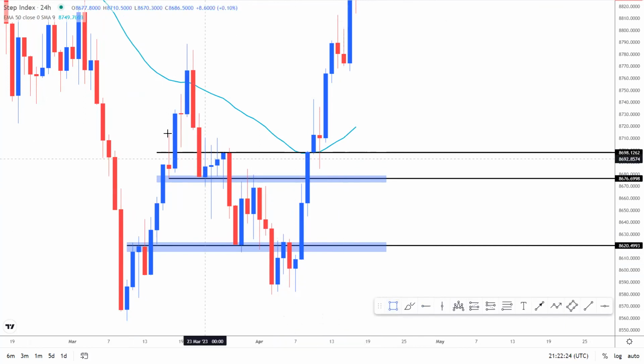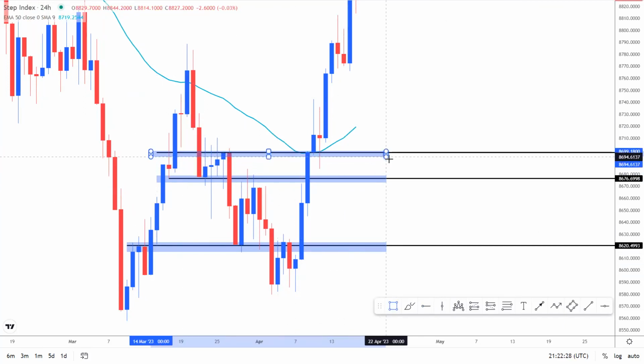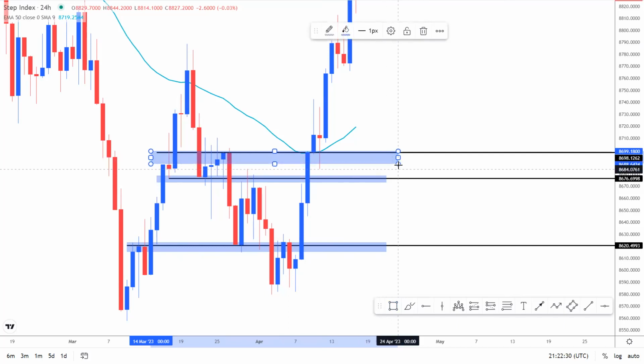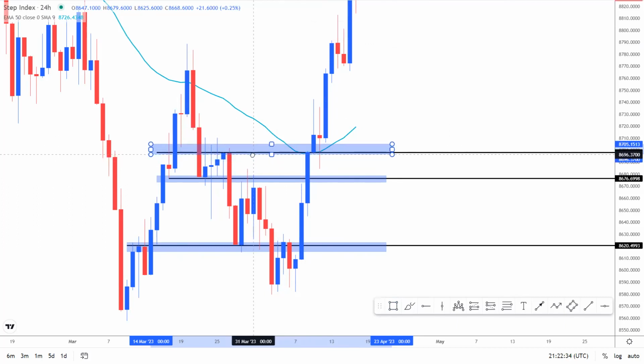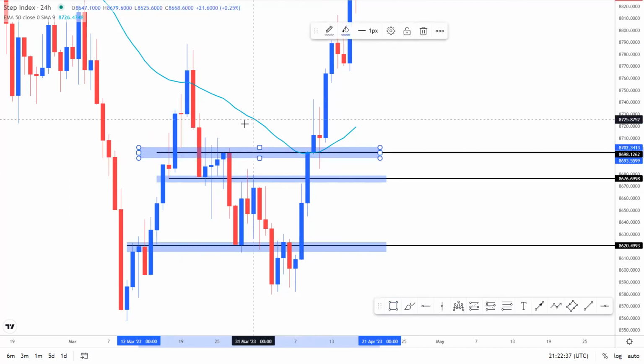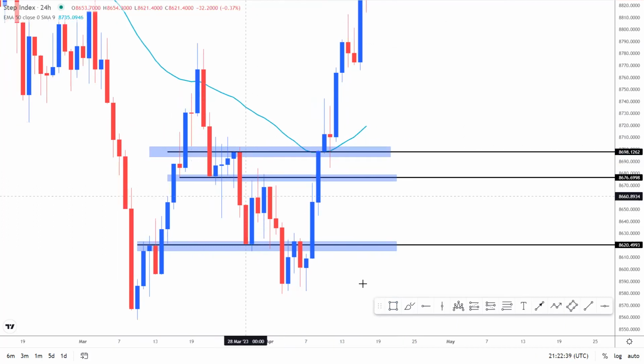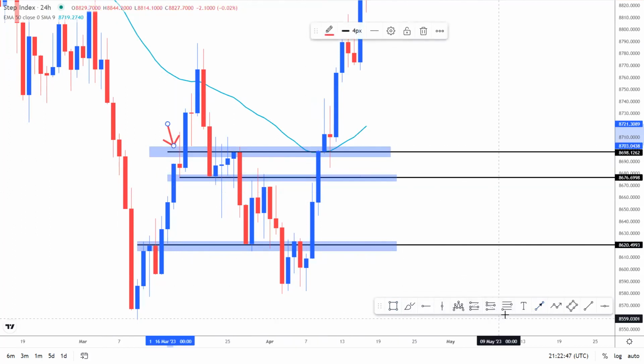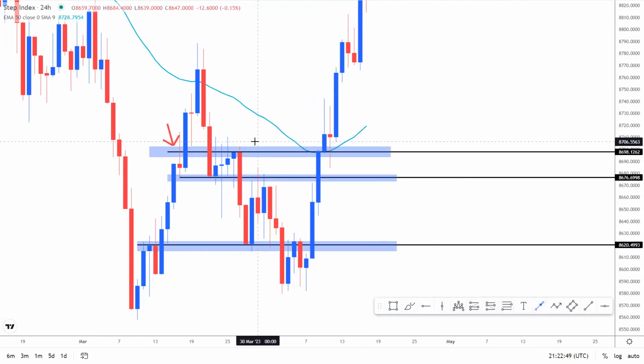Now, best believe if we move down the time frame lower, we'll be able to identify this very clearly from a 4-hourly time frame. Looking at this right here. Then here.